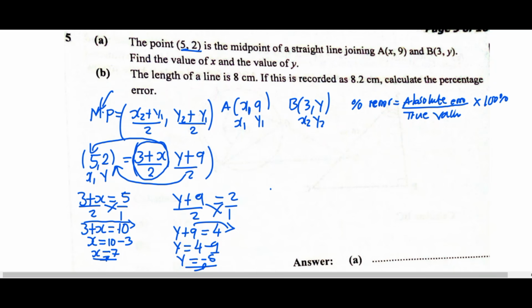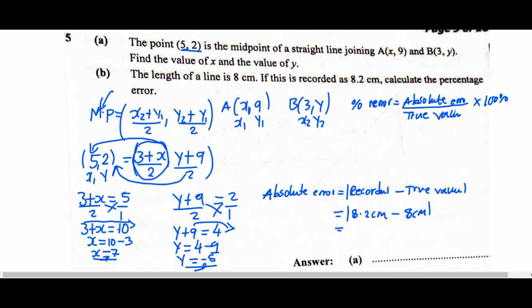The absolute error is equal to the absolute value of recorded value minus true value. So our recorded value is 8.2 centimeters minus true value 8 centimeters.